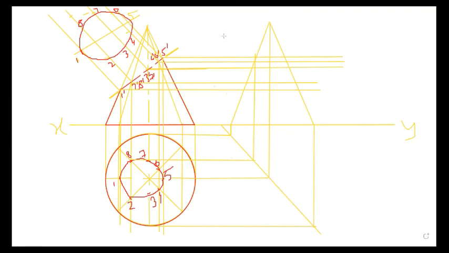If you draw each line and draw the figure, it will come like this, like this, and this will be this type of figure.